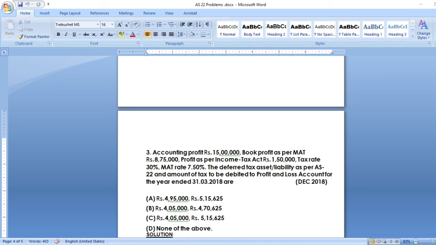So what is the solution? 4 answers are given, and out of these 4 you have to choose one answer. 4,95,000 and so on is given, A, B, C, D. So you have to choose the correct answer and share your answer, and I will confirm whether it is correct or not. Okay. So I have given homework of 3 questions. You please work out these 3. All 3 are based on our workings only.